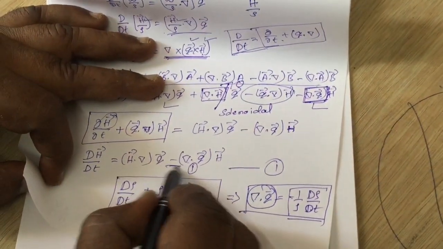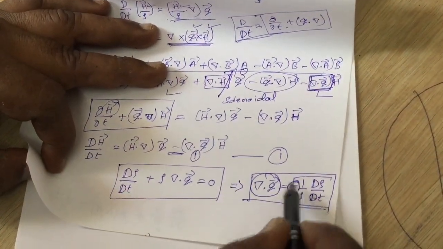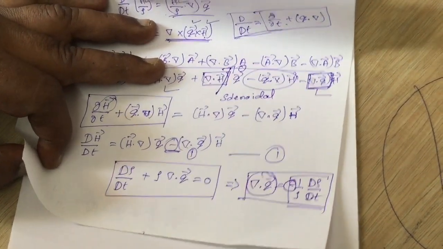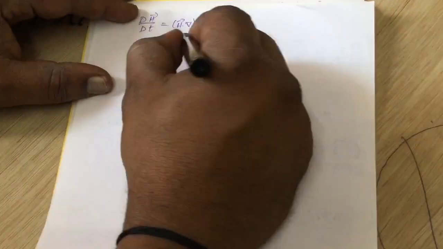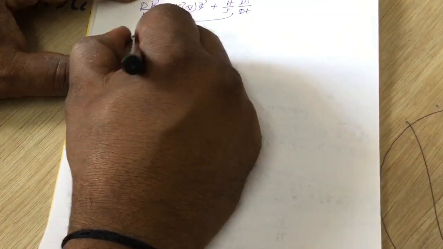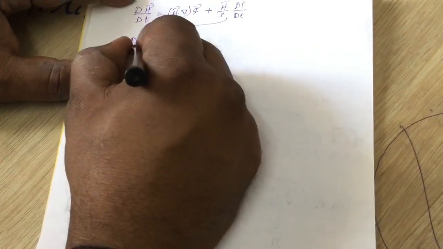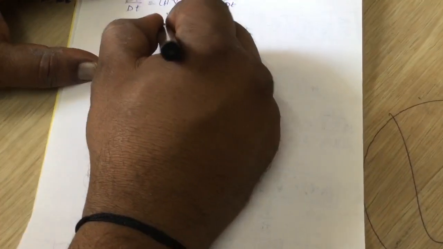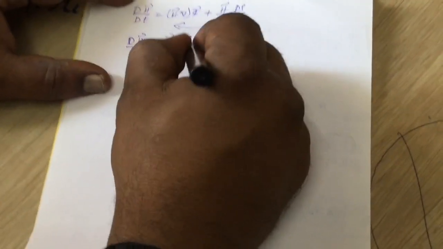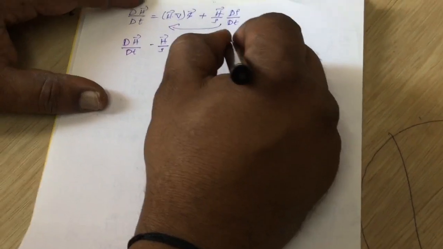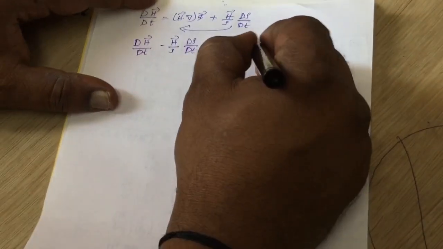Because this minus sign will become plus, since you can find one minus sign here and one minus sign here. So now take this term to the left hand side, then this will become dH by dt minus H by rho into d rho by dt is equal to H dot del of Q.